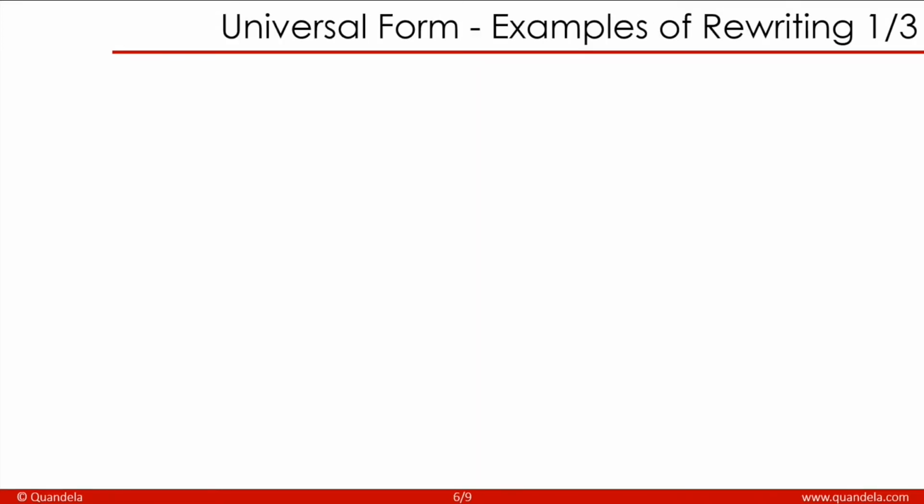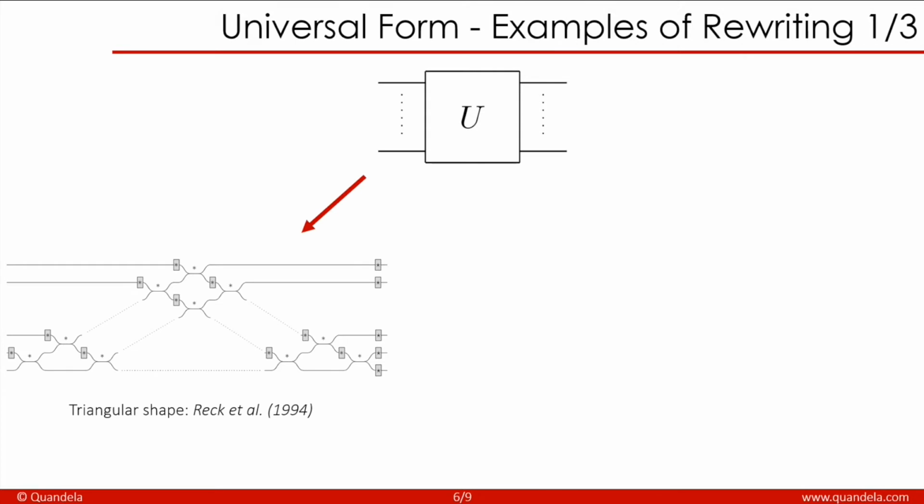First example I would like to introduce is about universal shapes that the circuit can have. Basically, you can represent the linear optical process with a unitary, and it was shown in 1994 that this unitary can be decomposed in a triangular shaped circuit.